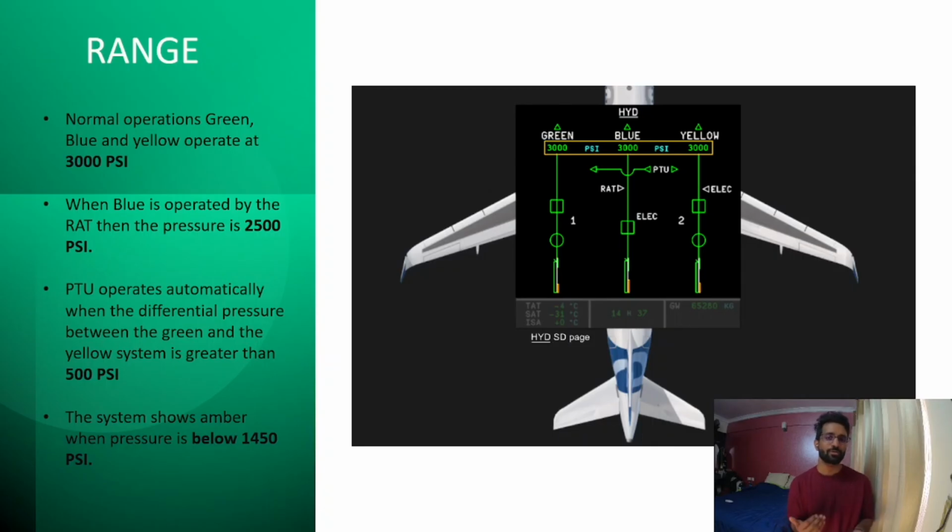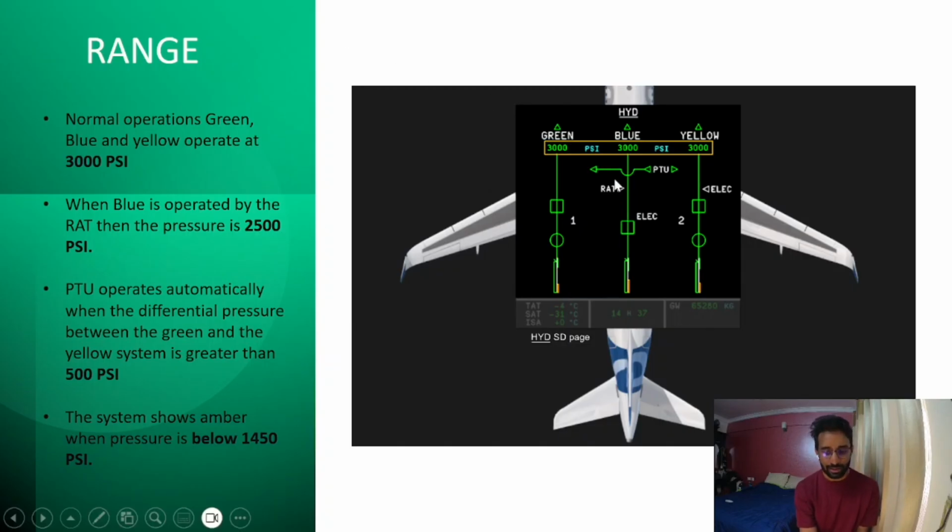If you want to know that, you need to know the normal operating range. The normal operating range is 3000 psi for all the systems, except if the RAT is supplying the blue system, then the normal operating PSI is 2500. RAT cannot give 3000 PSI. The RAT can only give 2500 PSI, and the RAT is only for the blue system. Alright. So 3000 is the normal PSI. When the RAT is supplying, it is 2500 PSI.